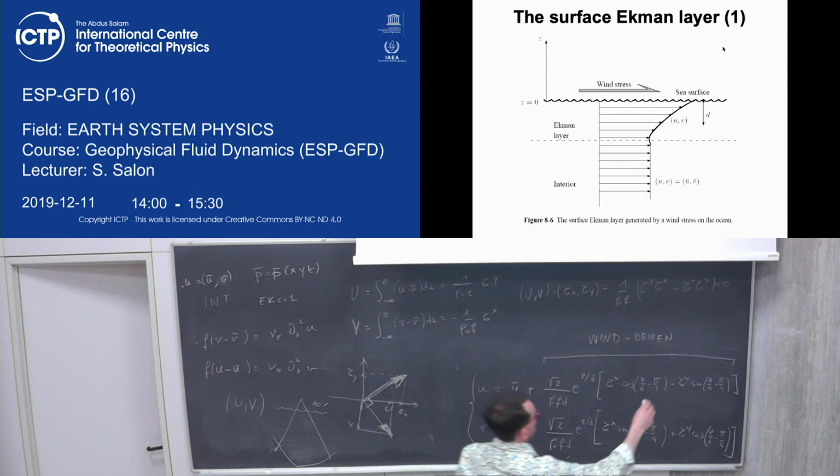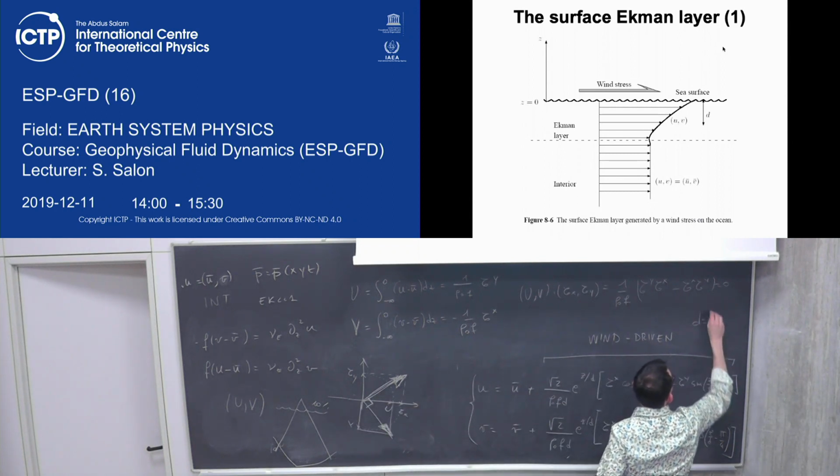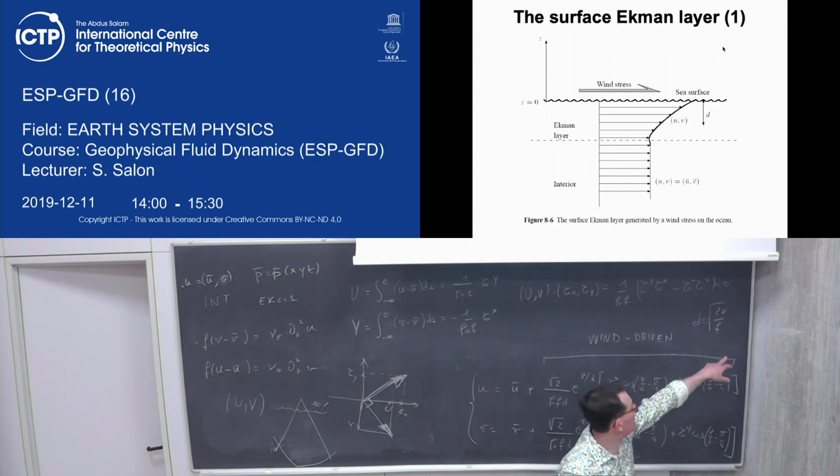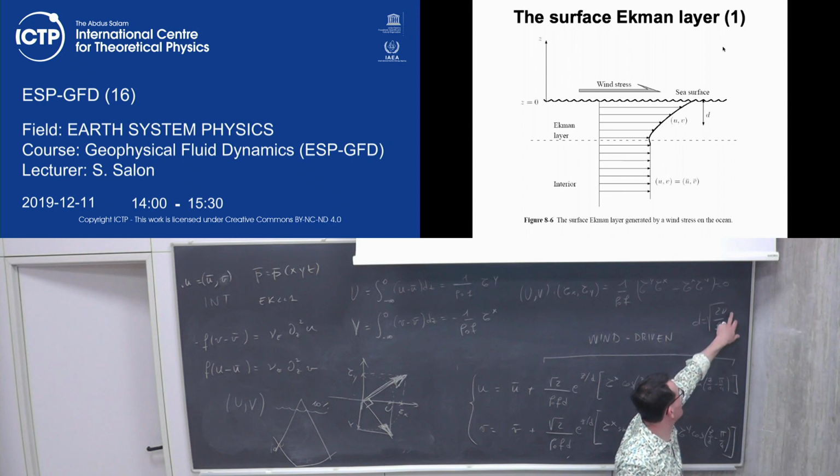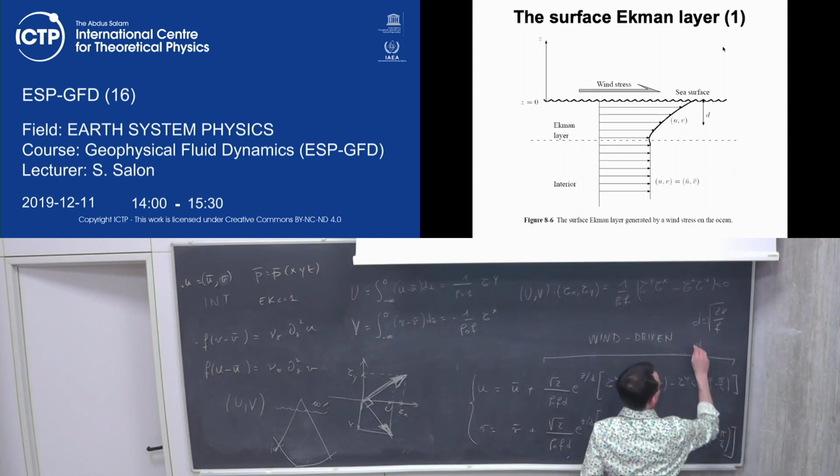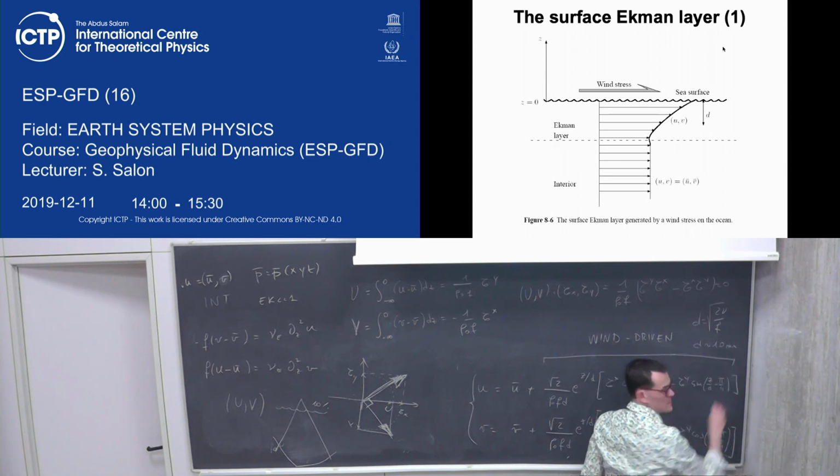Oh yes, well, I can always calculate. So in any case, I can calculate this and put in, for example, the eddy viscosity. You remember, 10 to the minus 2 square meters per second. And this depends on the latitude. And we said last time that this is about 10 meters.